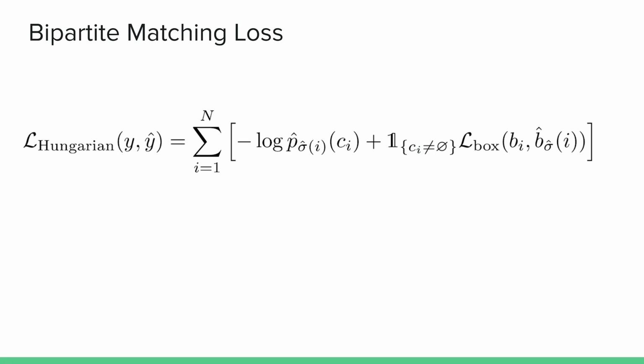Now, how to compute this is the following. The loss that you're feeding into the Hungarian algorithm is first the standard cross-entropy loss for the classification label. We know this: if we have classification, the standard cross-entropy loss can be used to compute it.